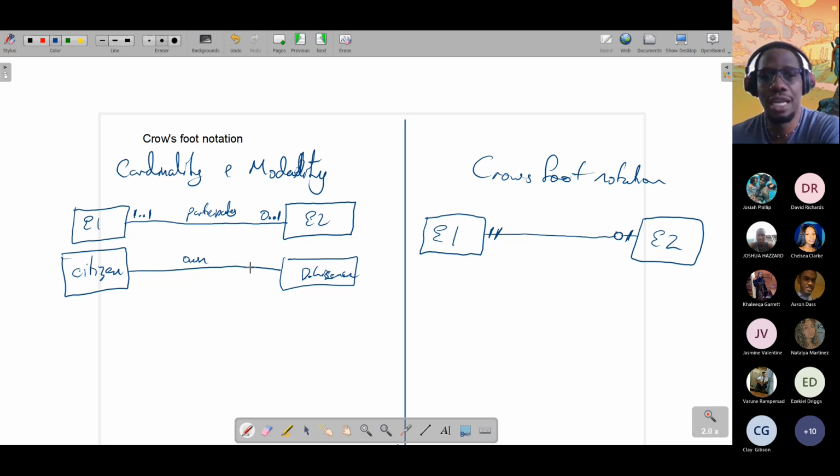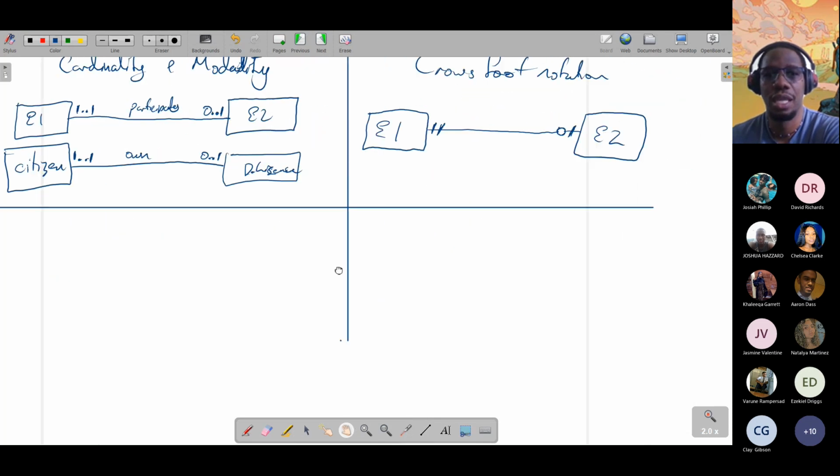So a citizen can not own a driver's license, or a citizen could own one driver's license. You can't have more than one driver's license. A driver's license must have at least one person associated with it, and at most one person associated with it. So that's what will be represented here in terms of crow's-foot notation.